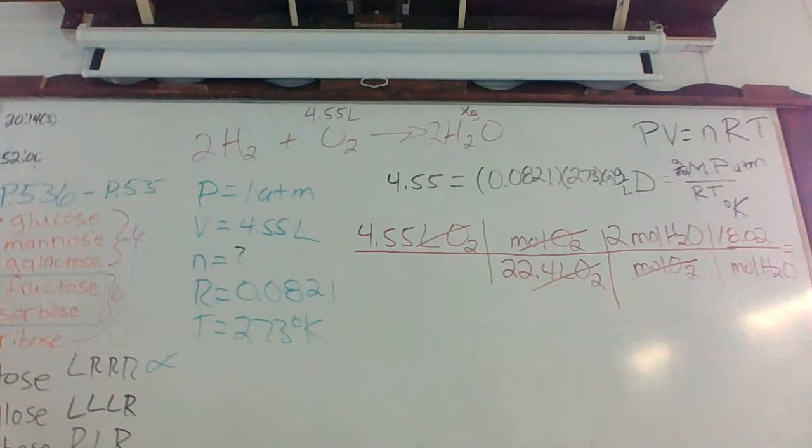Remember, you have to have a gas somewhere in this problem. And it has to say it's measured at STP. But if it's not measured at STP, well then you have to be given the pressure, the volume, and the temperature.